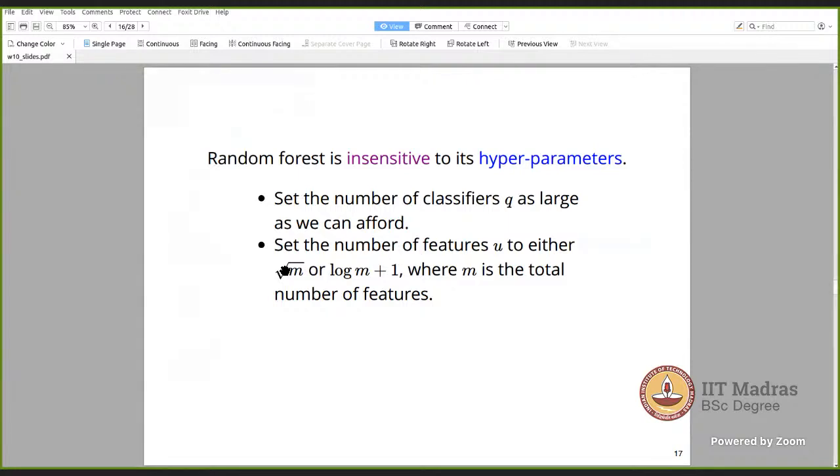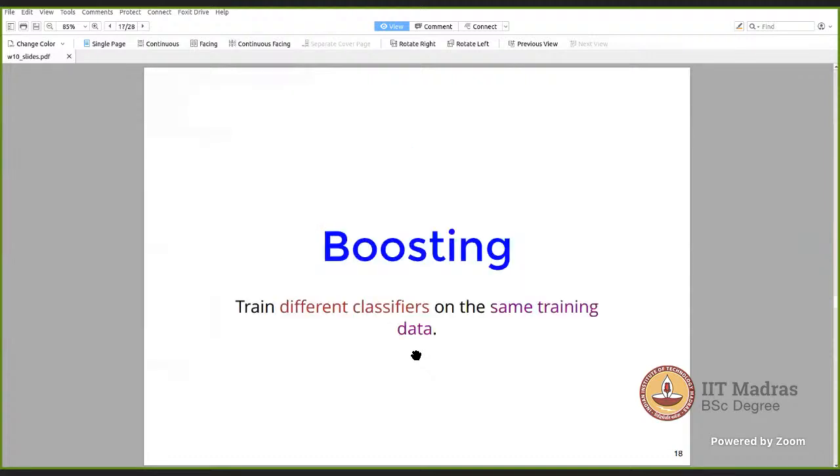And there's a rule of thumb for how many features you should give to each of the estimators. You can take the square root of the total number of features, or you can take the log of that. These are two values that generally seem to work. Or you can do grid search or whatever to tune your parameters. Okay, now moving on to boosting.